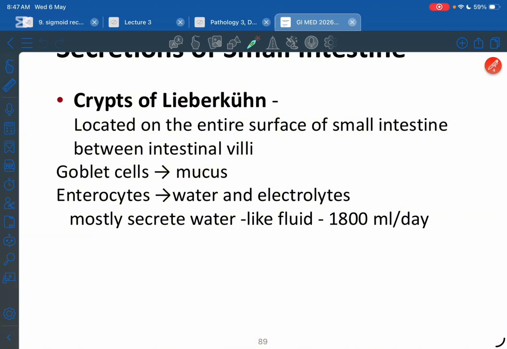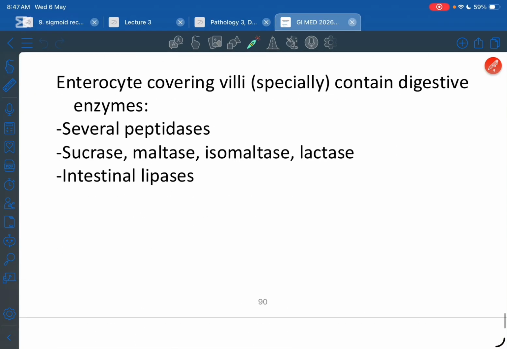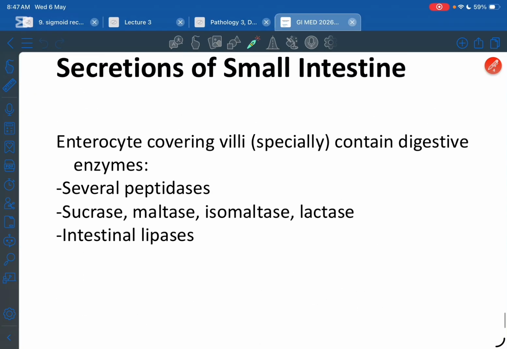What happens if we have desquamated cells? These desquamated cells, which we call enterocytes, have certain enzymes. These enzymes, in the enterocytes covering the villi, what are they? Let us go back to the digestion covered in biochemistry in detail. Digestion in the stomach and pancreas produces many polypeptides, maybe amino acids, but mainly polypeptides.